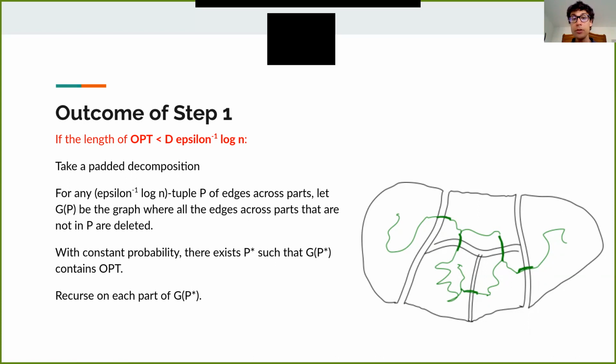And for this one that is good, we would like to recurse. So we are going to recurse on all of them because we don't know which one is the good one. But that's the approach. We essentially break the graph using a padded decomposition. If opt is short compared to the diameter, we can remove many of the edges that are not in opt. We know that only log n over epsilon are in opt. Good.